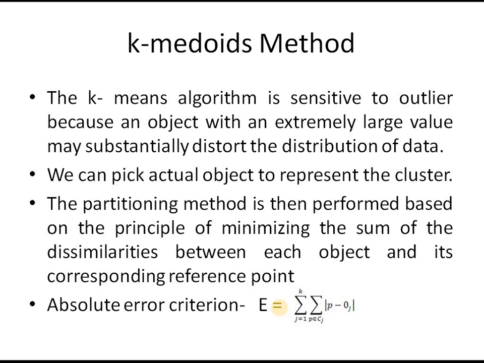That is, an absolute error criterion is used, defined like this, where E is the sum of the absolute error for all objects in the data set, p is the point in space representing a given object in cluster Cj, and oj is the representative object of Cj.